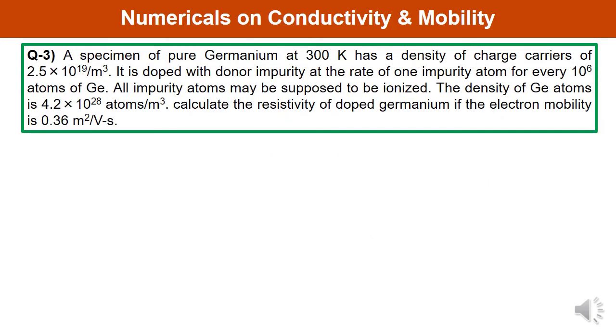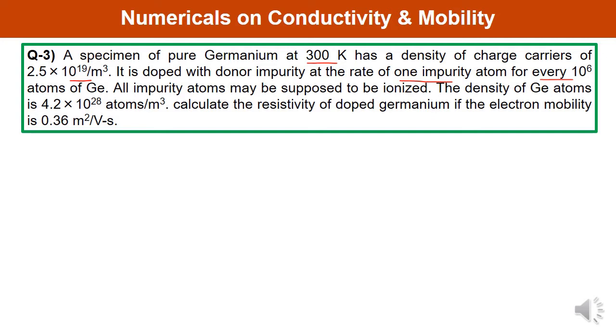Next question is, a specimen of pure germanium at 300 Kelvin has a density of charge carriers. This density is being given. It is doped with donor impurity at the rate of 1 impurity atom for every 10 raised to the power 6 atoms of germanium. This point is very important.